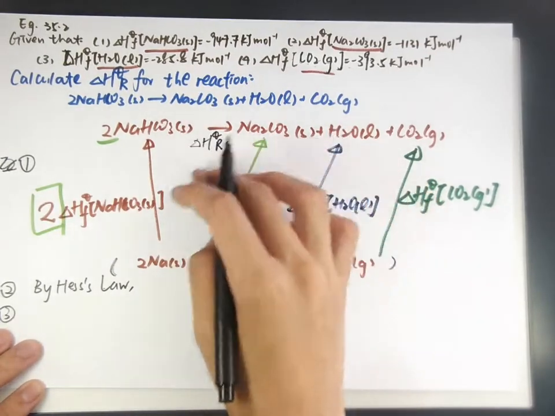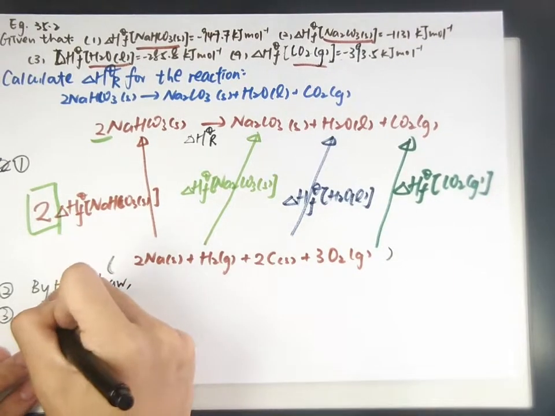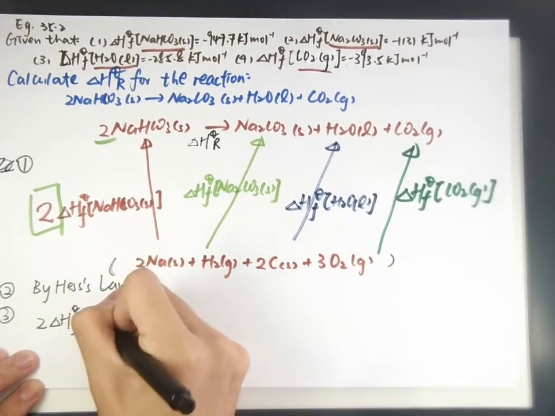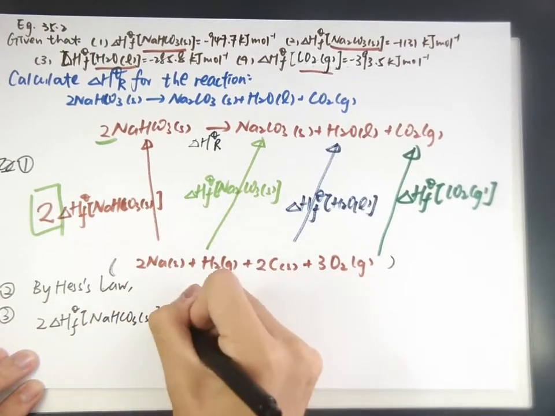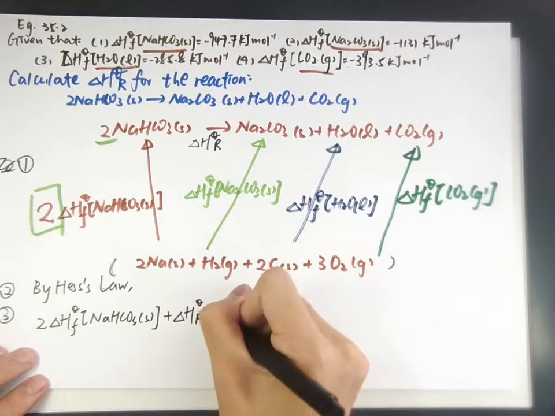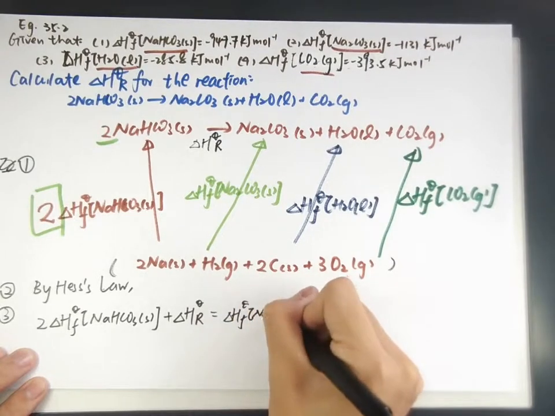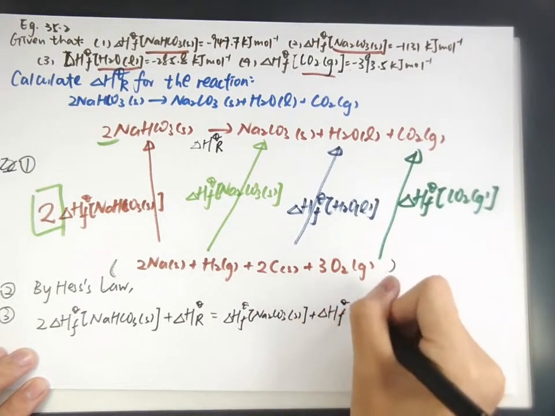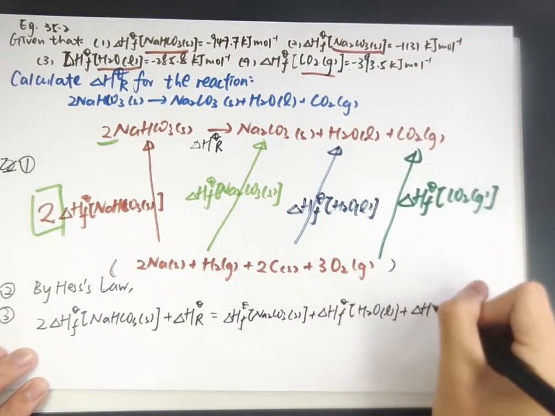Clockwise is 2 delta HF of NaHCO3 plus delta HR, equals the anti-clockwise, delta HF of Na2CO3 plus delta HF of water and delta HF of CO2.